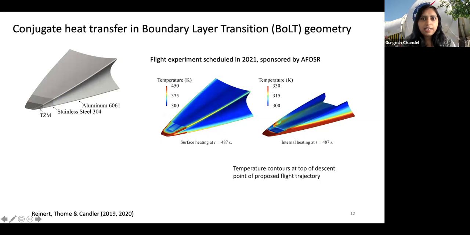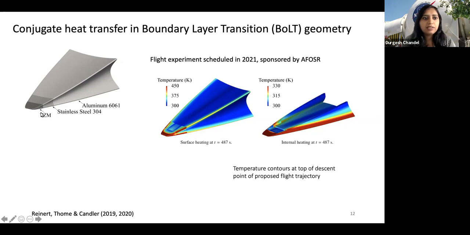Another example is on the boundary layer transition vehicle, abbreviated as BOLT. This is a hot topic these days in the hypersonics community. It was funded by the Air Force, and the flight experiment is scheduled in 2021. Basically, this geometry is a good test case to study complex hypersonic flow phenomena.